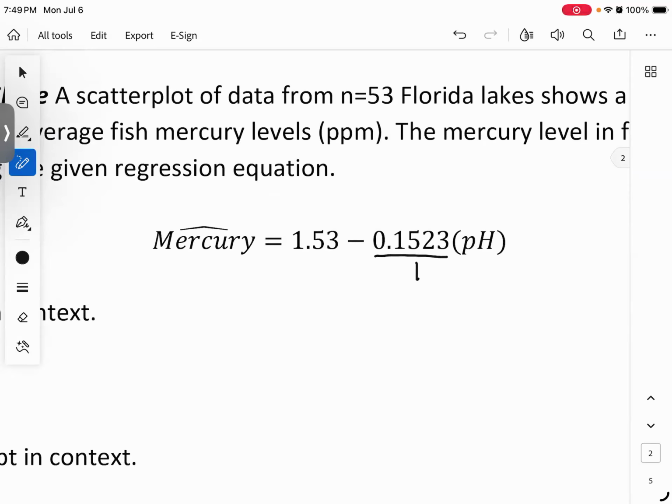And so, what we could say as far as the conclusion of the study is that the relationship would be that every time the pH level increases by one, what tends to happen is that the mercury level decreases or goes down by 0.1523.